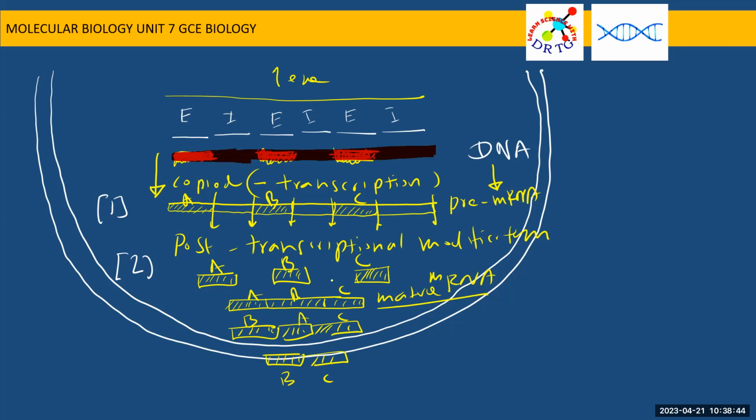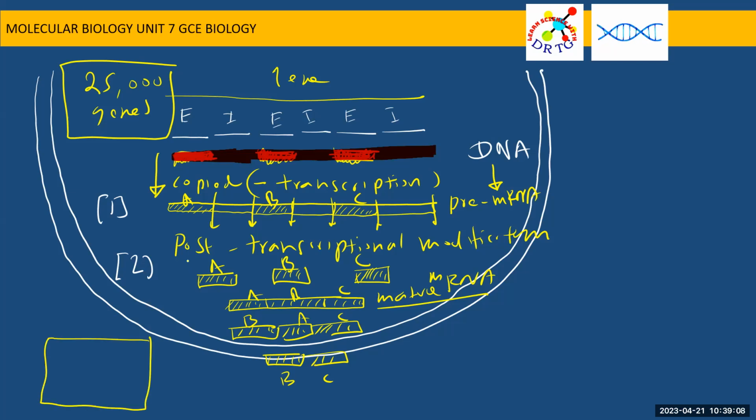Now, why is that important? Humans have 20 to 25,000 genes. But if you look at how many proteins we have, the proteins are not 25,000. If you count slight changes in proteins, probably we have millions or billions of proteins.